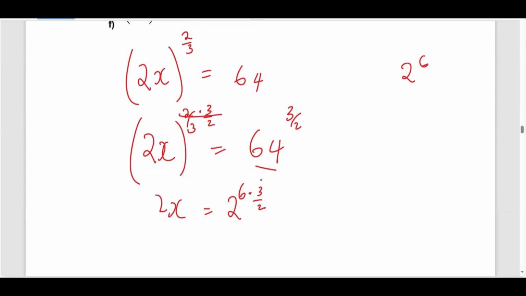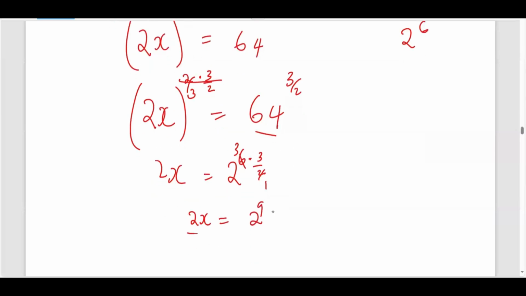This 2 will cancel with this, and then we shall have a 3. So which means 2x is equal to 2 to the exponent of 9. Then feel free to simplify this by dividing both sides by 2. So this cancels that, and then our x is just going to be 2 to the exponent of 8. Or you can just give us a definite answer of that, okay?